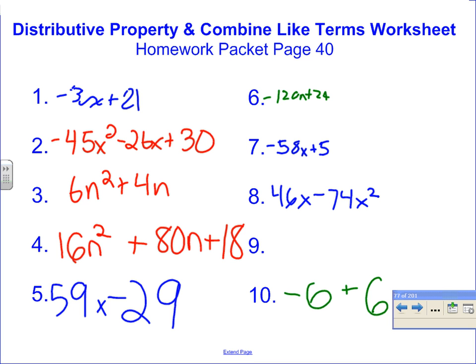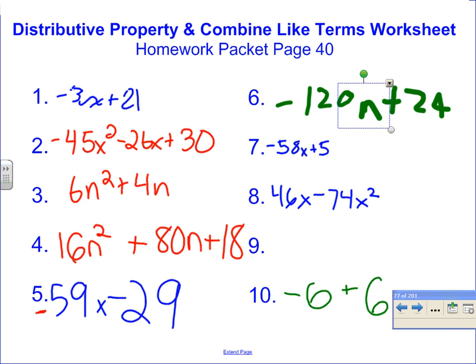Number 5 should be negative 59x minus 29. Number 6 is 24 minus 120n. So negative 120, oh geez, this should be an n, plus 24.